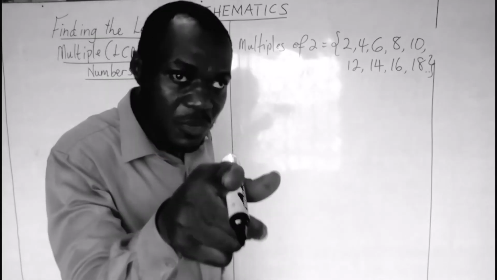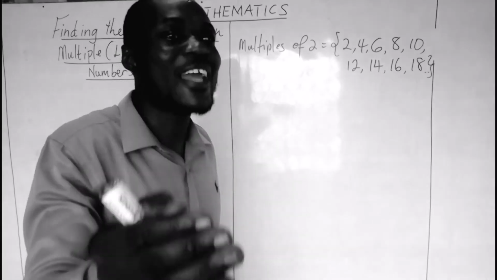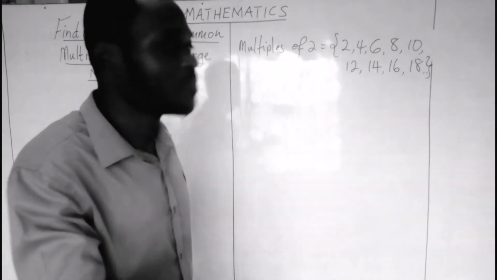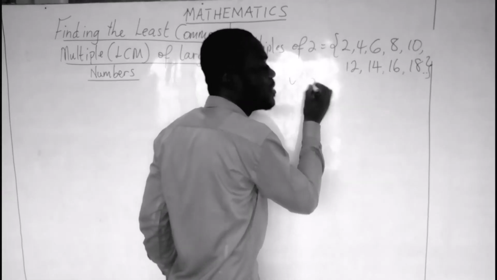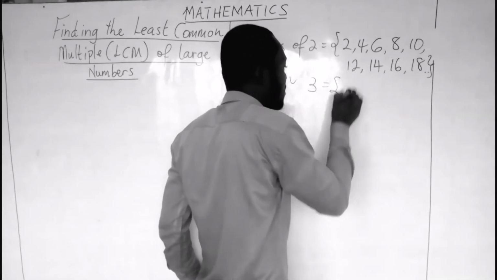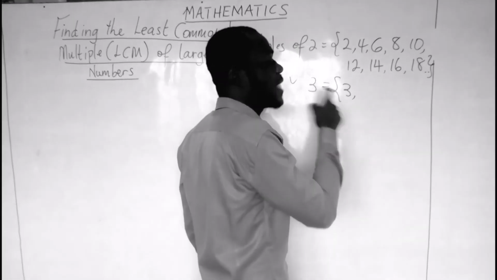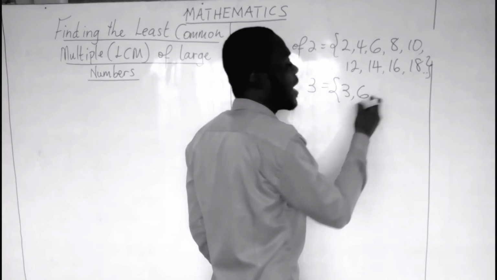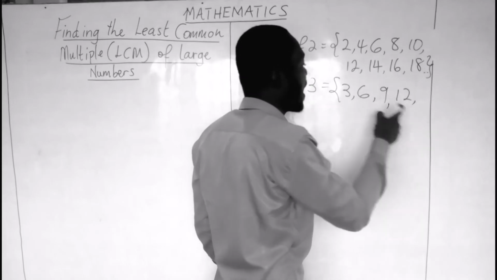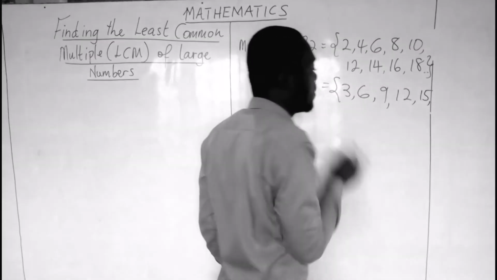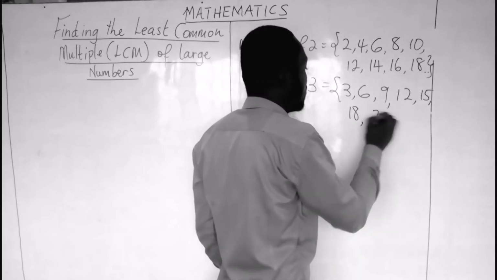Now let's say that you too are reciting multiples of a different number, say 3. So yours will be, the first number will be 3 times 1, which is 3. 3 times 2, 6. 3 times 3, 9. 3 times 4, 12. 3 times 5, 15. 3 times 6, 18. 3 times 7, 21.